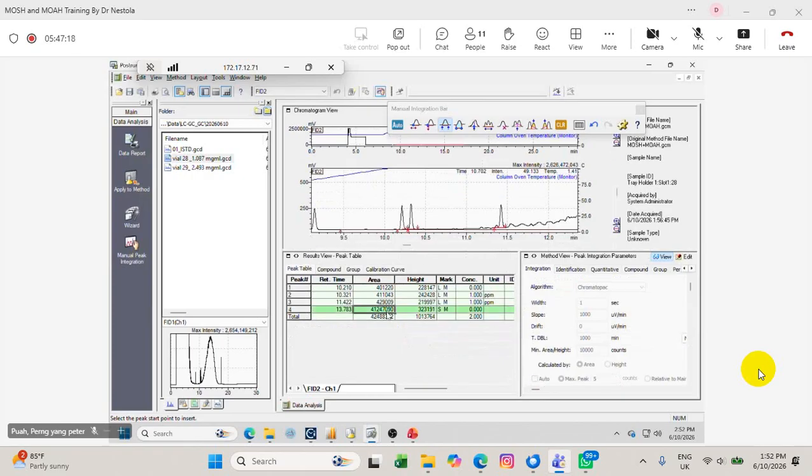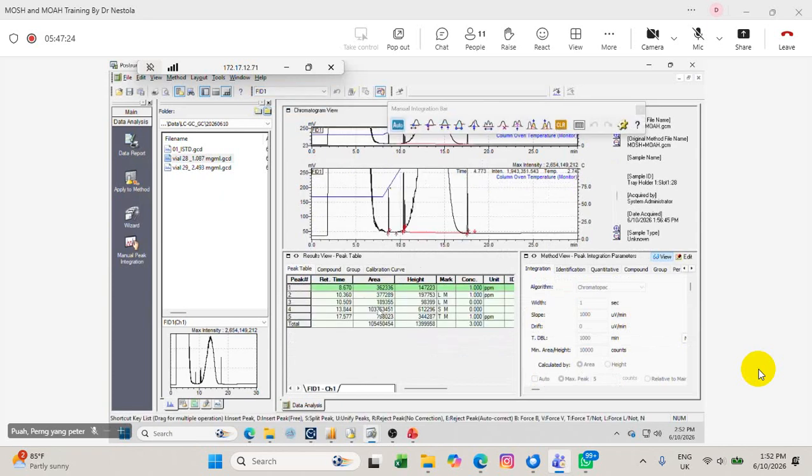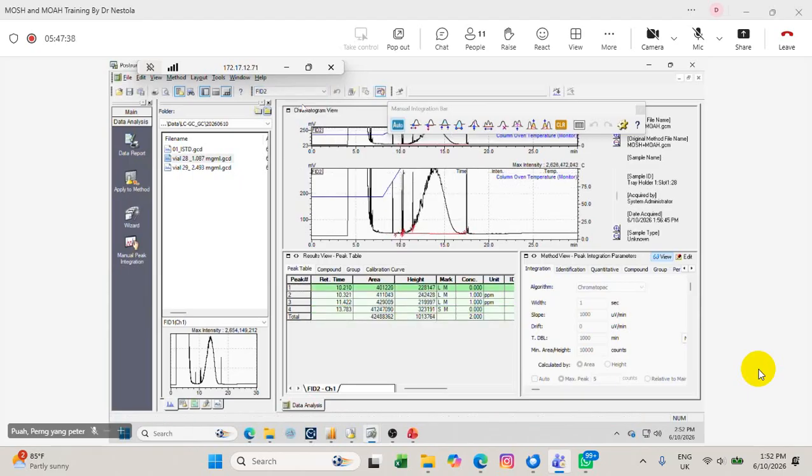Yeah, so okay. If like that, then you just take this one for MOAH. So this one for MOSH. 103. Yeah. For one. And now you need to have the same information also for MOAH. 103. 10376. The FID, same calculation just with the proper number. Right?